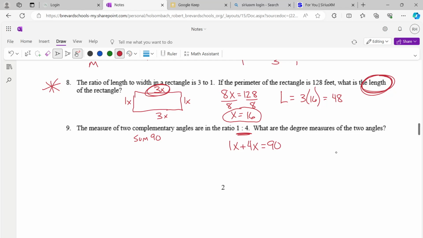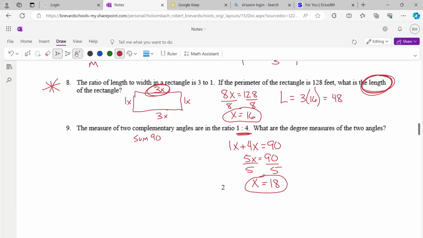The x represents our multiplier. So 5x is equal to 90. We then divide both sides by 5. And our x is equal to 18. 18 is our multiplier.